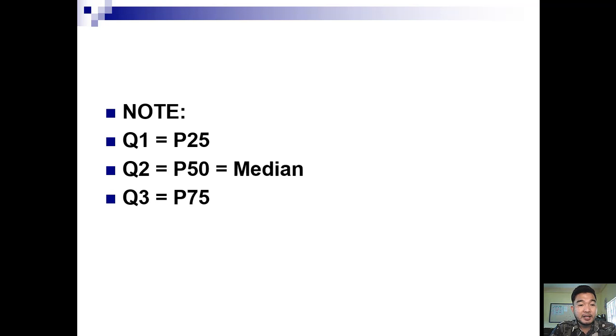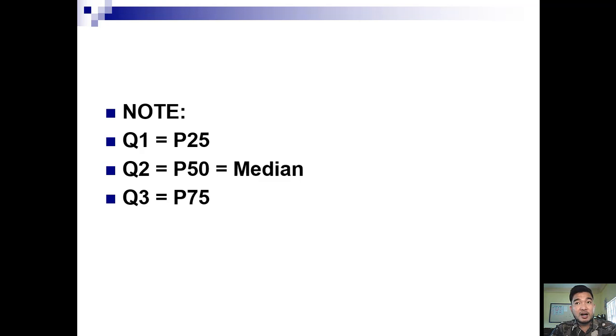Okay? Note that the first quartile is equal to the 25th percentile. Q2 or second quartile is equal to the 50th percentile, and that is the median. And the third quartile is equal to the 75th percentile.